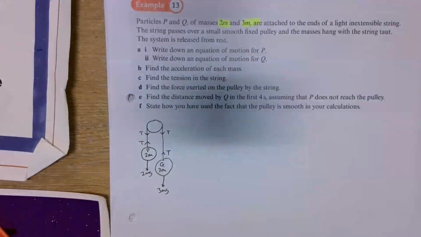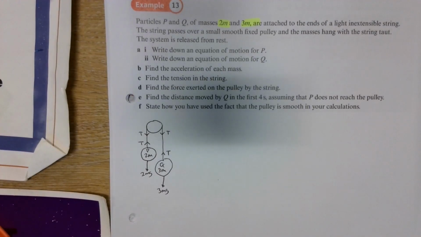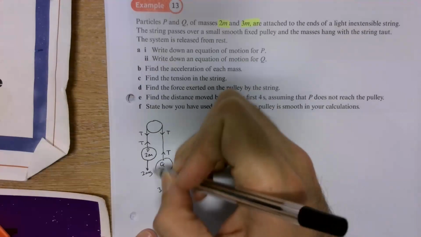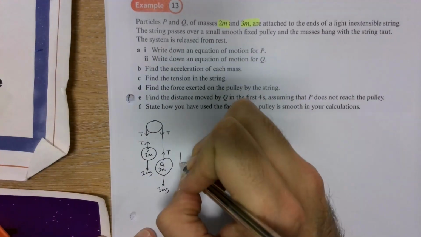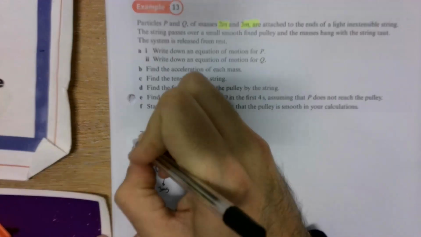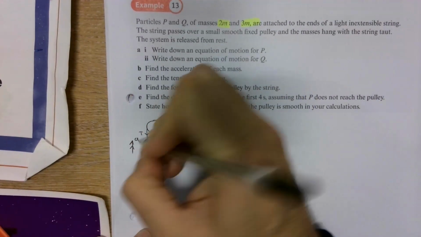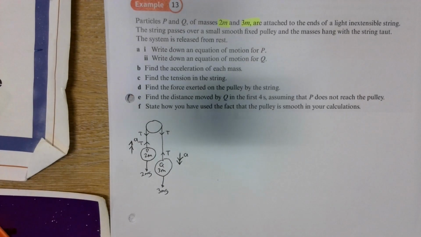It's also important to show which direction the system is going to move in for both particles. On this side, this is the heavier weight, isn't it? 3m must be bigger than 2m. So that side is going to go down with that acceleration. This side will move up with the same acceleration. So that's all the forces marked on the diagram.